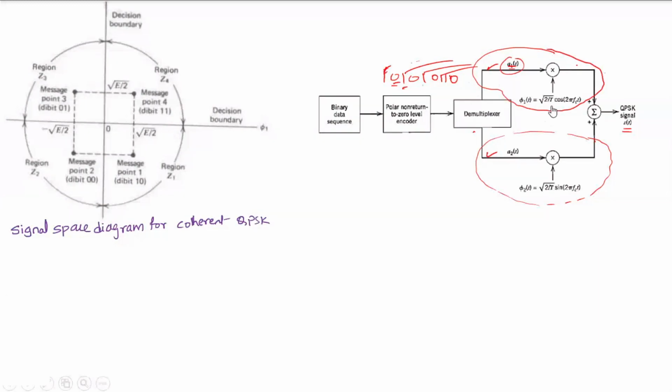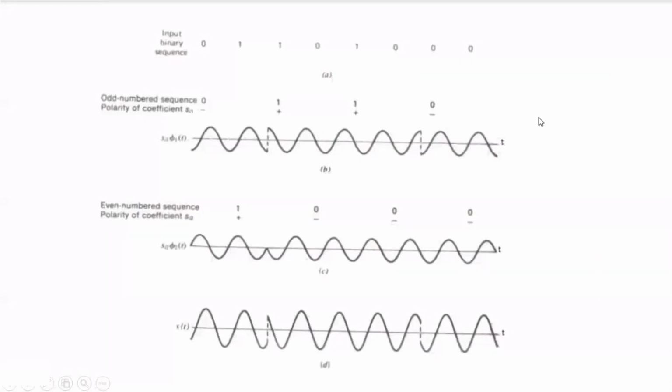Now we will see the signal. We'll take the information and see how it is going to modulate the carrier and generate a QPSK. So this is the binary sequence: 0 1 1 0 1 1 0 1 1.